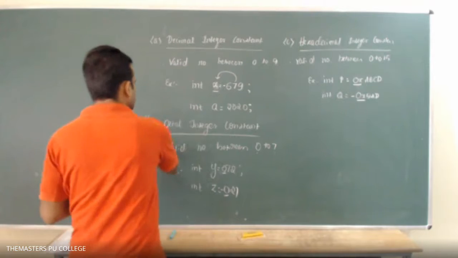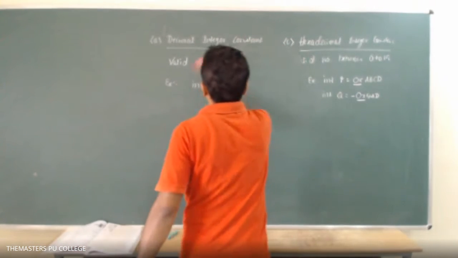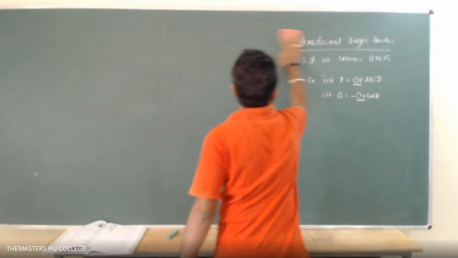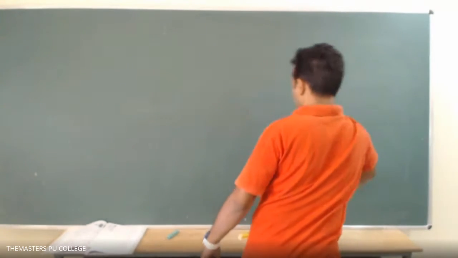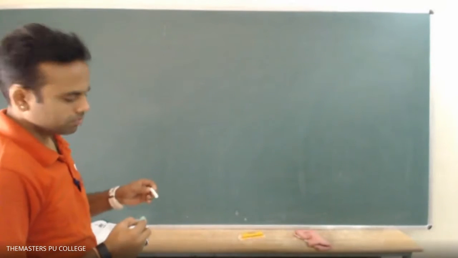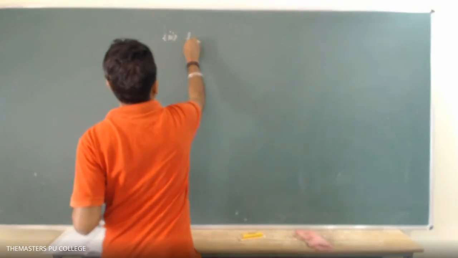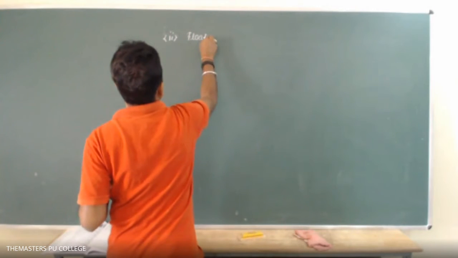Next, we go with the next concept. It is the float or real constant, the second one. In Roman numerals, are we writing A B C D or 1 2? Sir, Roman 1 2. Right. Okay, so float or real constant.